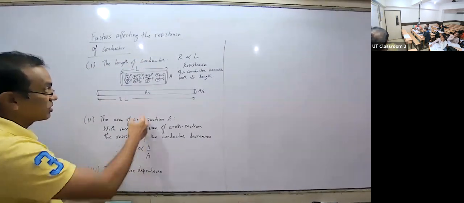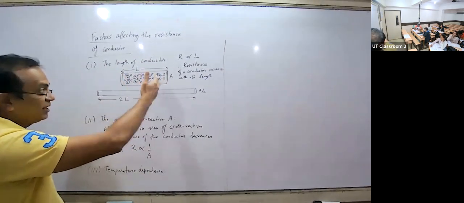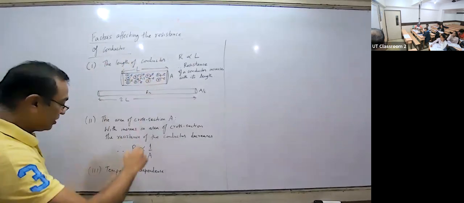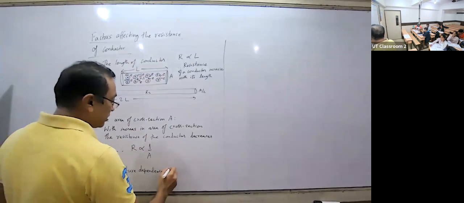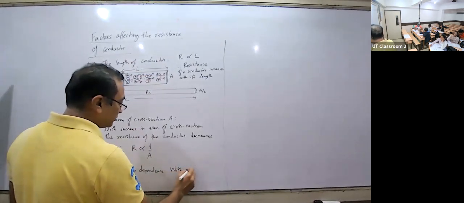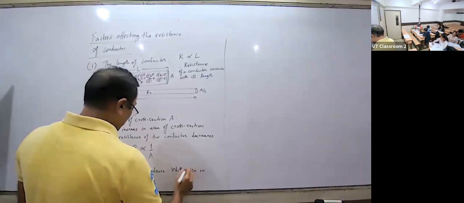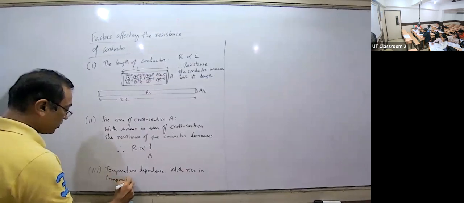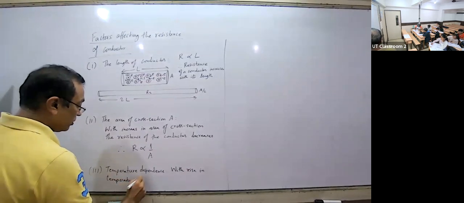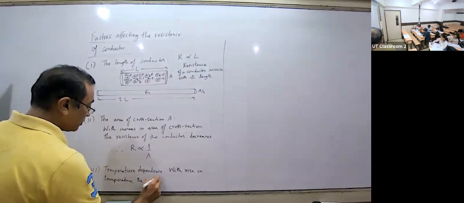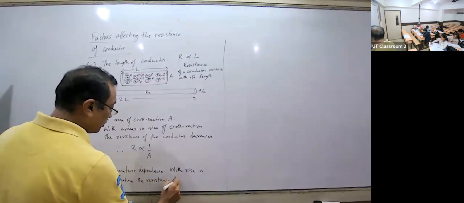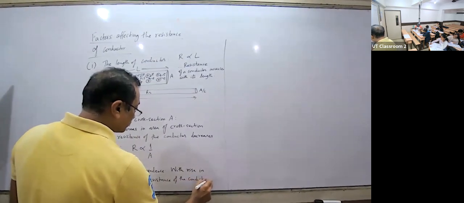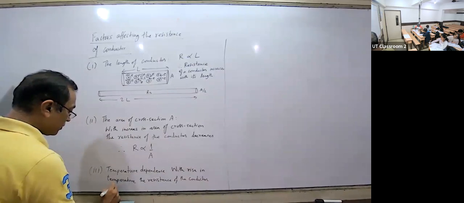Because what is the resistance? Obstruction to the flow of electrons. Anything which causes or aids obstruction will help increase the resistance. So with rise in temperature, the resistance of the conductor increases.